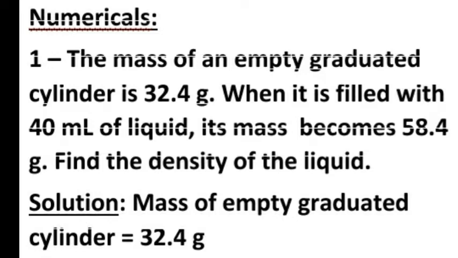So here the mass of the empty graduated cylinder is given, which is 32.4 grams. Now this cylinder is filled with 40 ml of liquid, and its mass becomes 58.4 gram. So you have to find the density of the liquid.